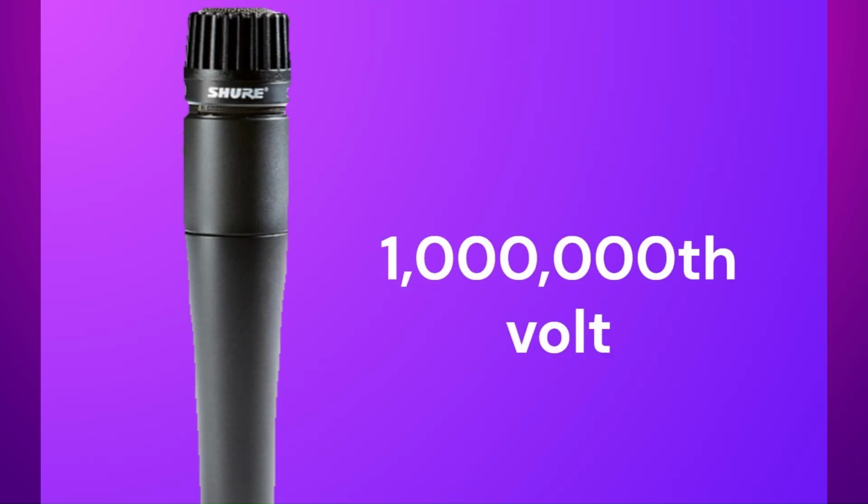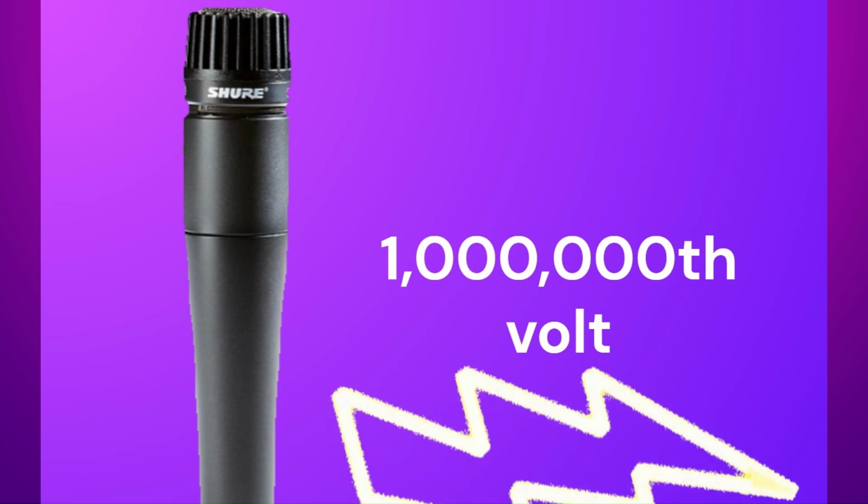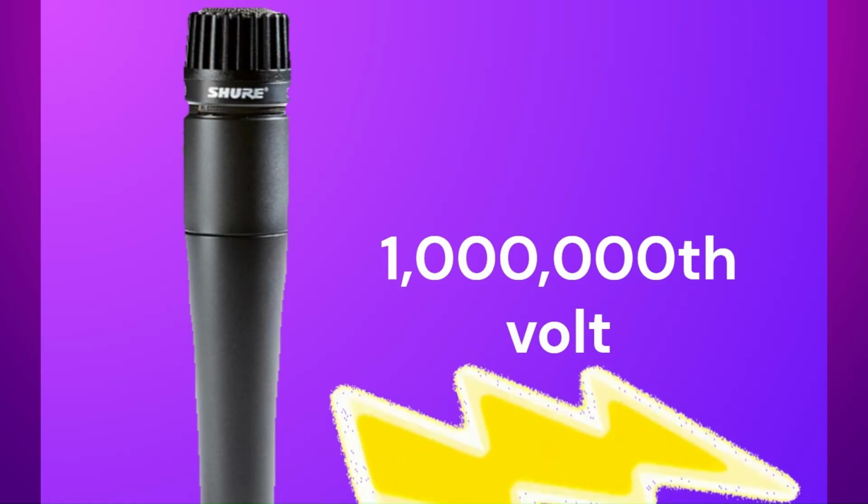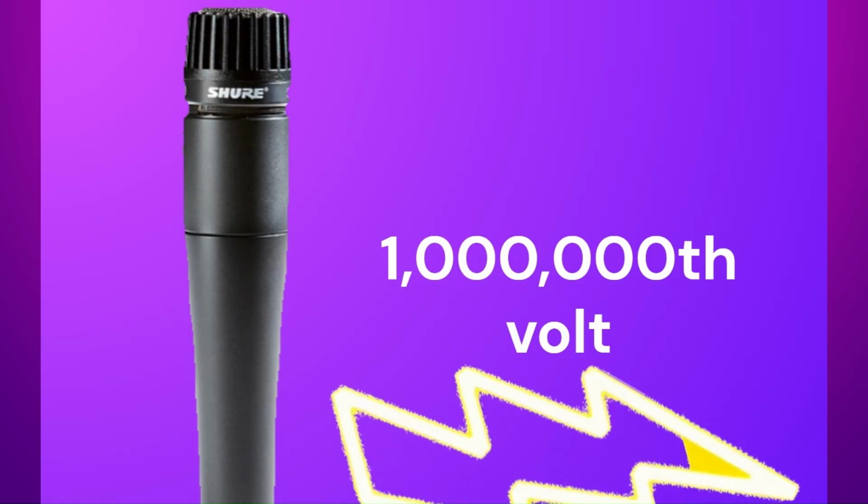Okay. As I mentioned, a dynamic microphone generates voltage that's teeny tiny, in the millionth of a volt. So, hey, think of it. Whether that microphone is plugged in and in use, sitting in a drawer, sitting on a tabletop, or in your pocket, it is always generating a small amount of electricity.